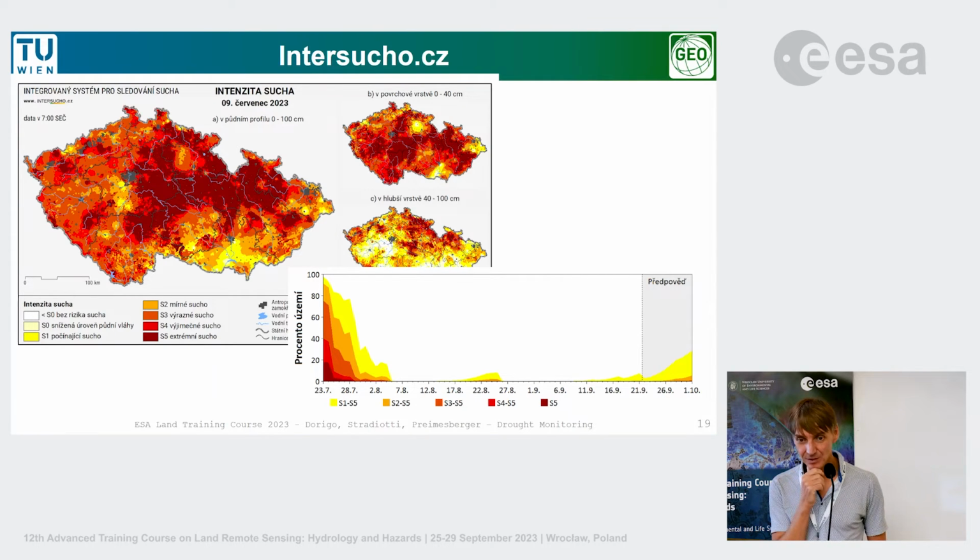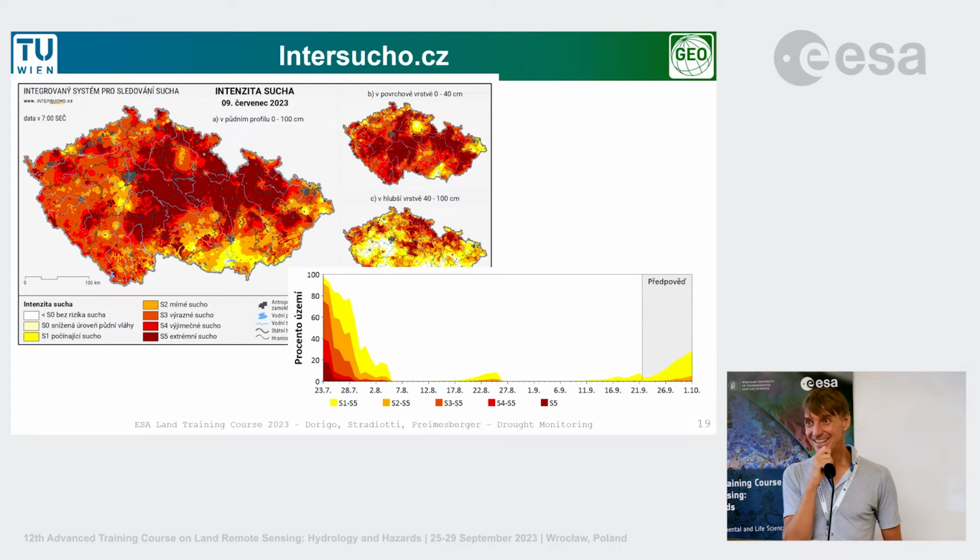Czech Republic. My Czech is not that good, but it was also in July. So this is sucho, I think it's drought in Czech. Yes, it's right.